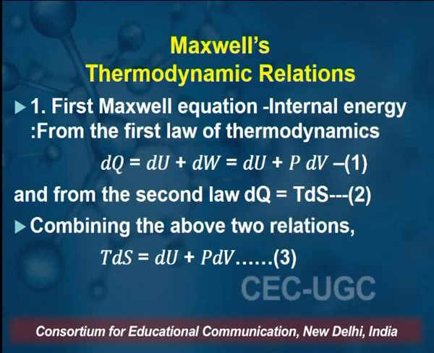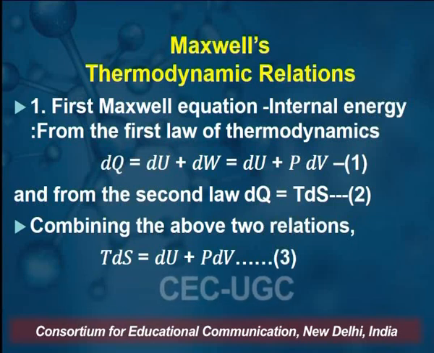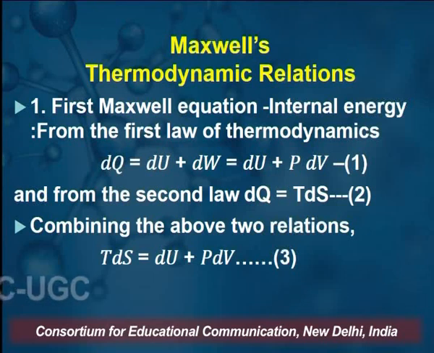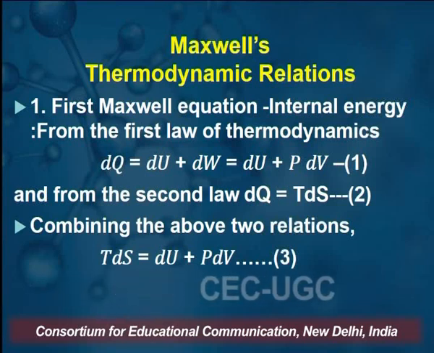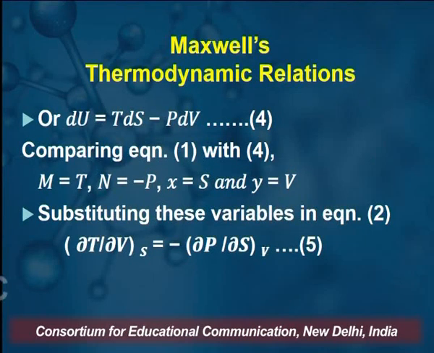From the first law we have dq is equal to dU plus pdV, and from the second law we have dq is equal to TdS. If we combine the above two relations, we get TdS is equal to dU plus pdV, or we can write dU is equal to TdS minus pdV.